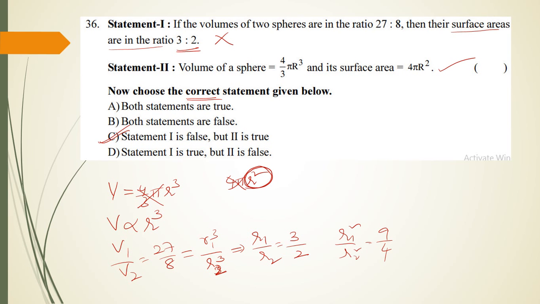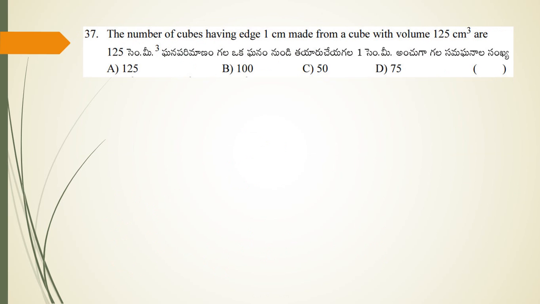Next, moving on to question number 37. The number of cubes having edge 1 cm made from a cube with volume 125 cm cube. Now what is he asking? Number of cubes.